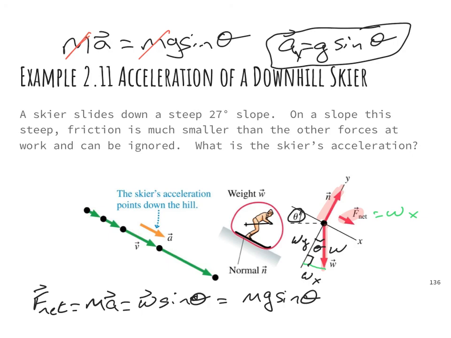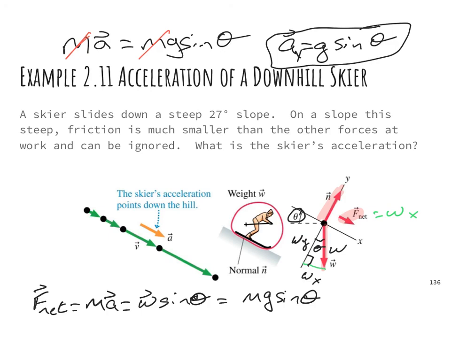And that completely makes sense because just because we're analyzing a different way of looking at a problem, it doesn't change the acceleration of the problem. The physics doesn't change because of how we're looking at it. The physics has to stay the same.